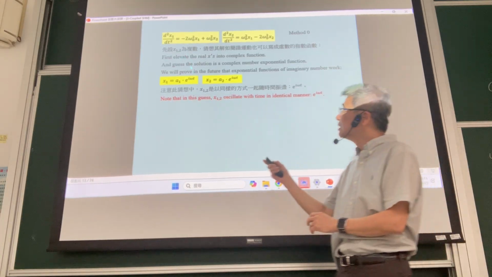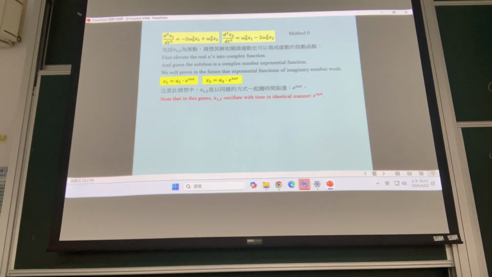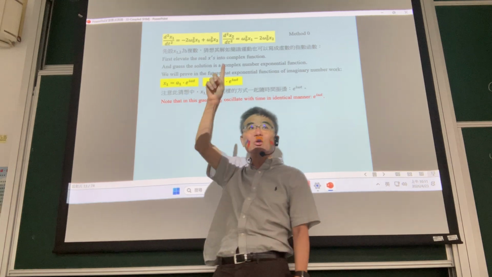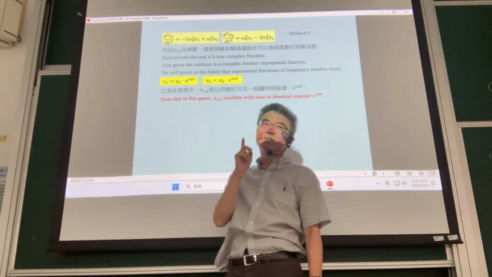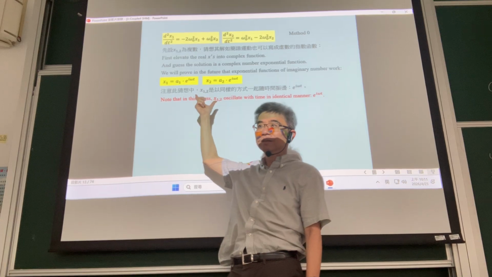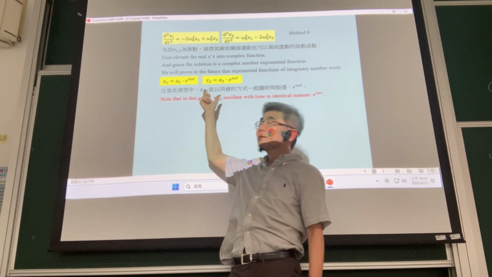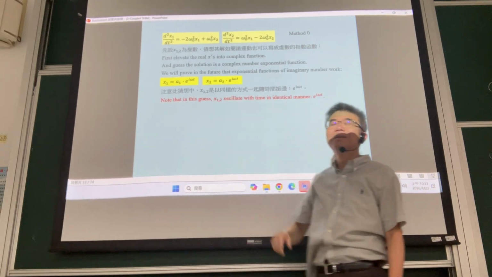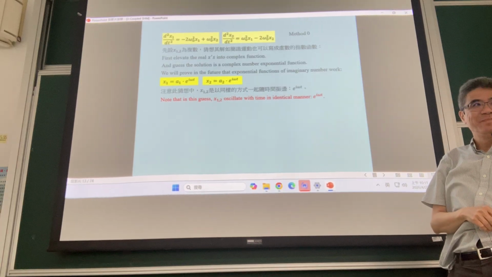Actually, there is another very important characteristic of this guess. For example, I originally wrote alpha 1, alpha 2. But here, I only write omega, only one omega for both particles. Do you see that? This is the essence of this guess: both omega are the same.